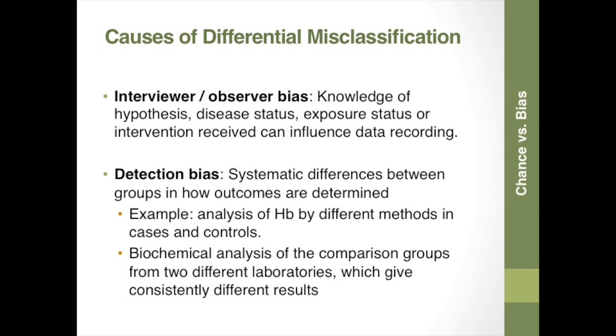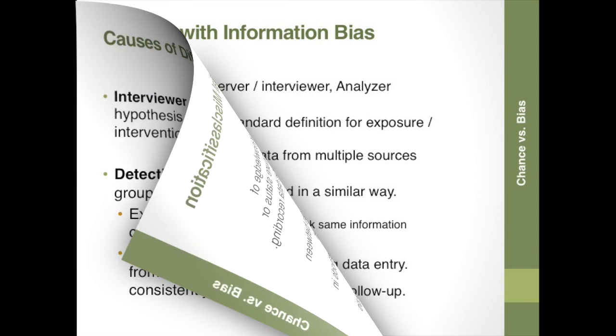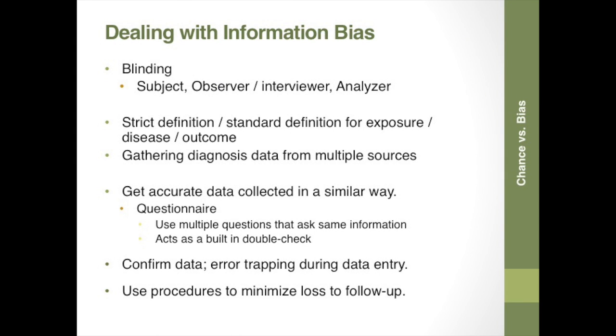Other sources of differential misclassification include interviewer or observer bias or detection bias, which are systematic differences between groups in how outcomes were assessed. Ways to deal with information bias include blinding, a strict definition of exposure and outcomes, getting accurate data, confirming data, and using procedures to minimize losses to follow up.